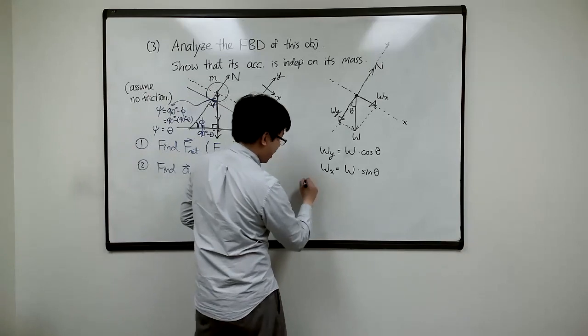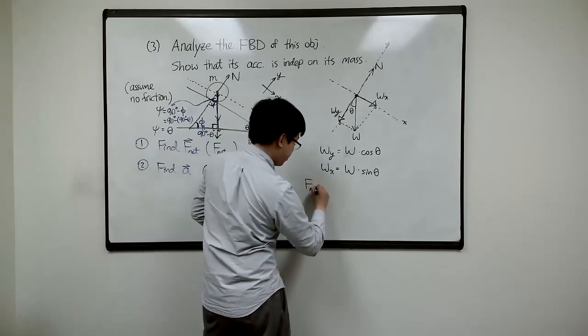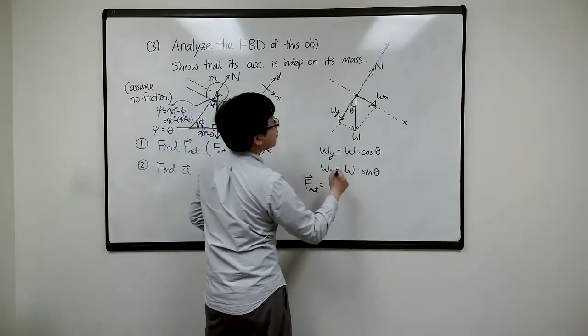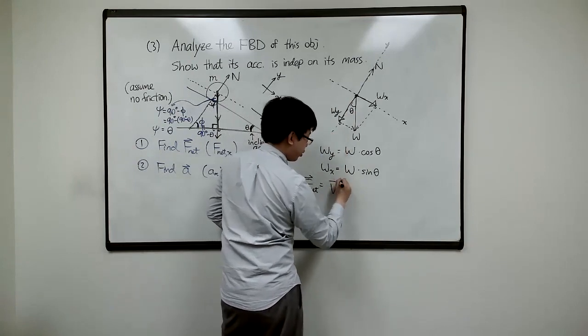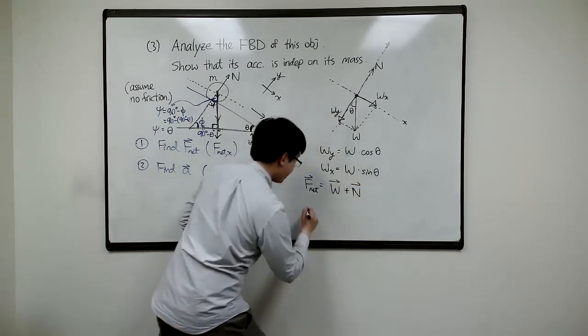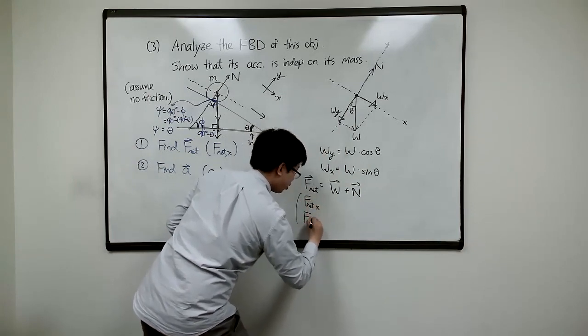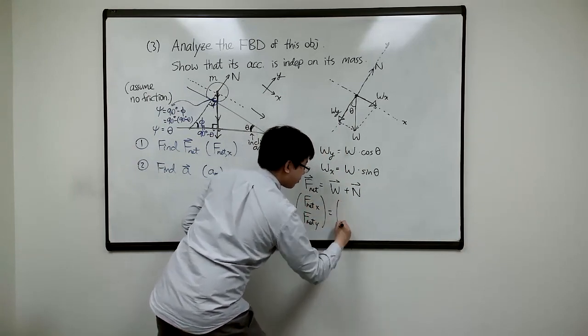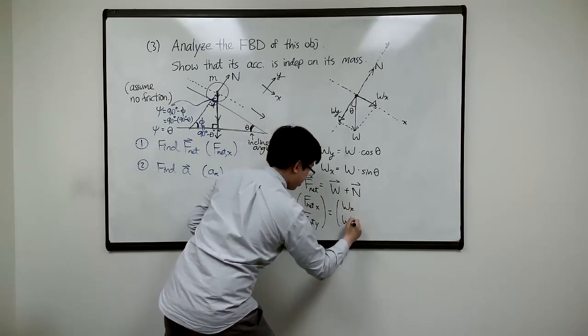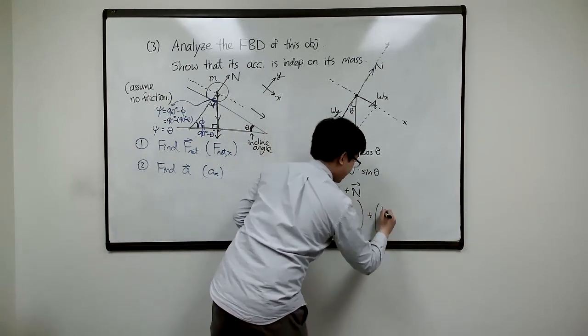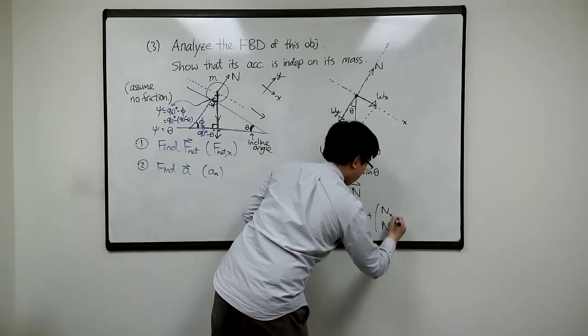So what's my F net? My F net is W plus N. Let's write this out. F net X component, F net Y component is equal to Wx, Wy plus Nx, Ny.